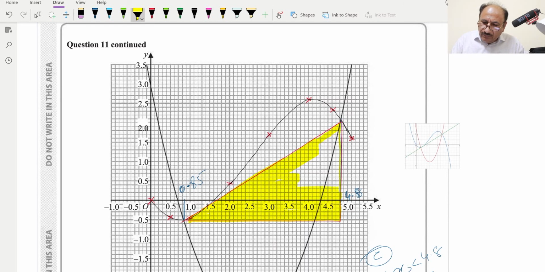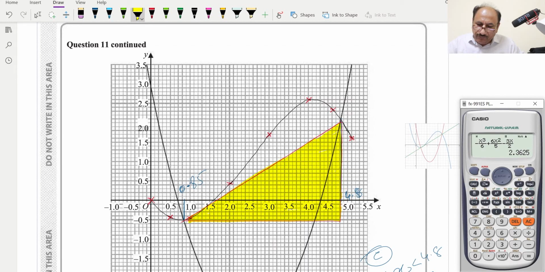Now to find the gradient of this triangle, we need to find rise and run. So we know gradient is equal to change in y value over change in x value. So the change in y value will be the rise. For x value 0.85, we can find the y value. So calculate for 0.85, we will get minus 0.5.